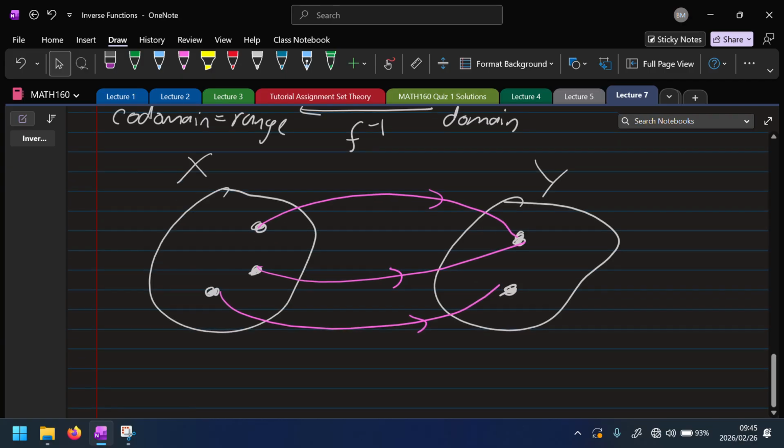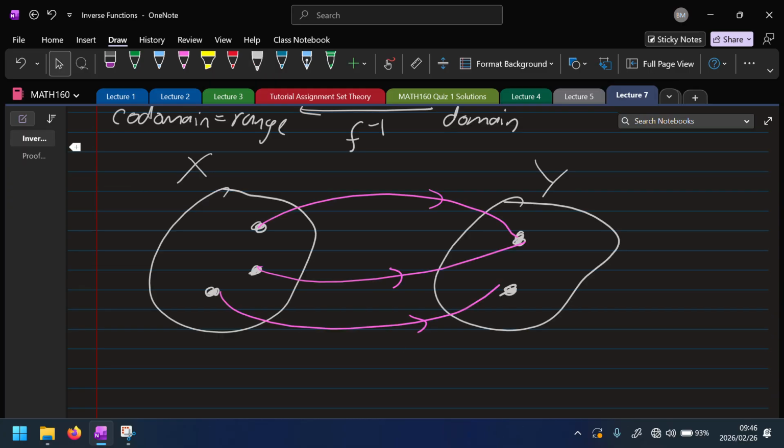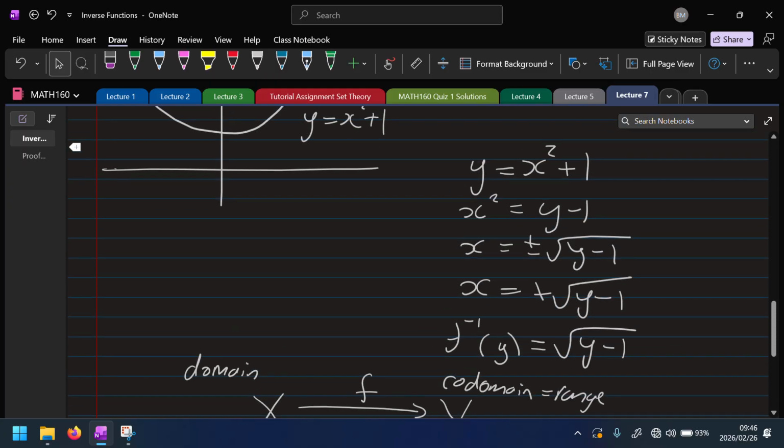Let's have a look at some proofs, and then we'll leave it at that for today. Number 1. So these are just to illustrate what we've gone through. So for the tests and exams and so on, you might get like 1 question on finding the inverse, but you've done all of that before.